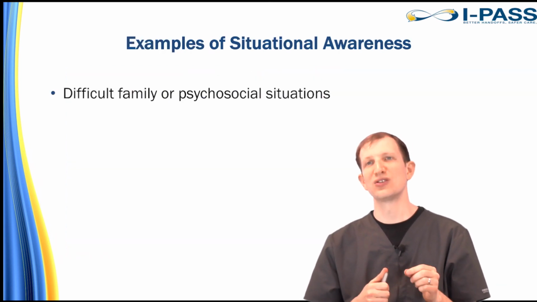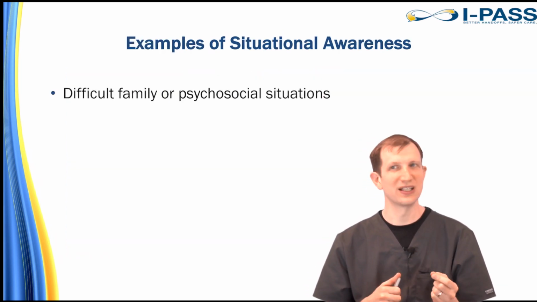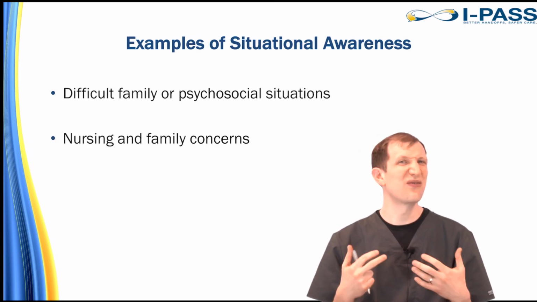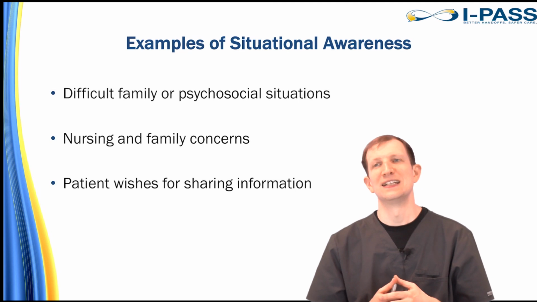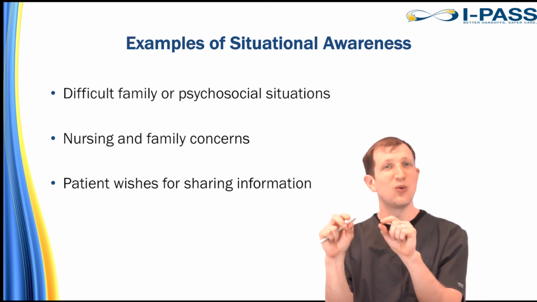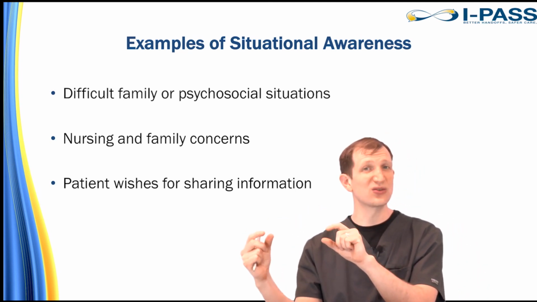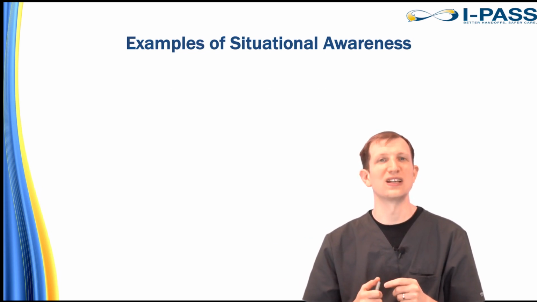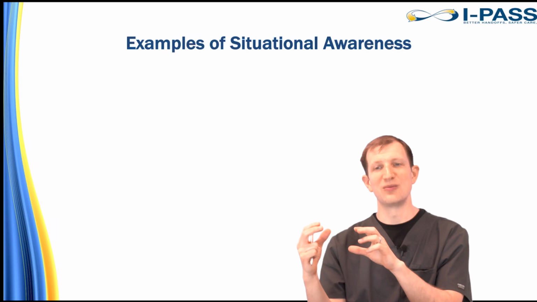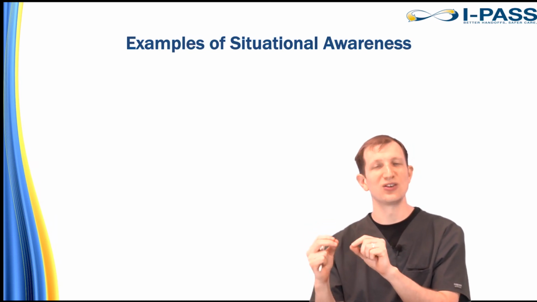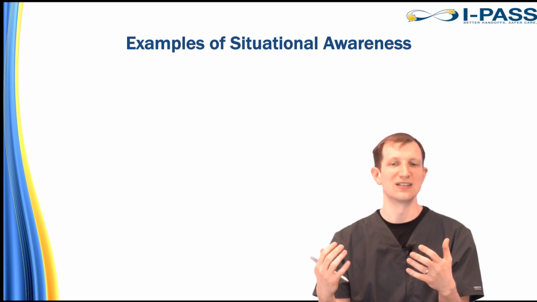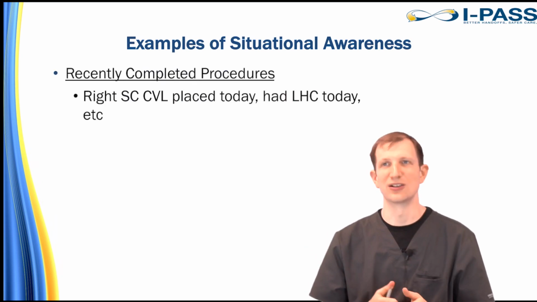So whenever you have a difficult family or psychosocial situation, or you have nursing or family concerns, or a patient that doesn't want a certain piece of their history shared with anyone else, those are all examples of times where you want to give your colleague a heads up so that they don't walk into a situation and they're not prepared.